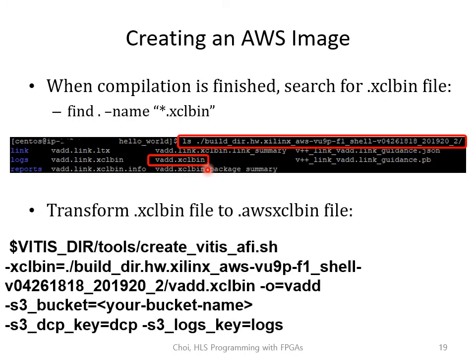After you obtain the path of the xclbin file, you're ready to transform it to an Amazon FPGA image. The AFI file will have the extension awsxclbin.